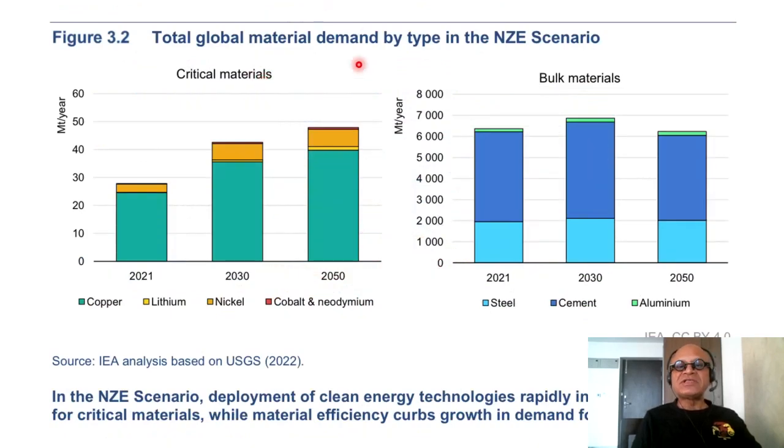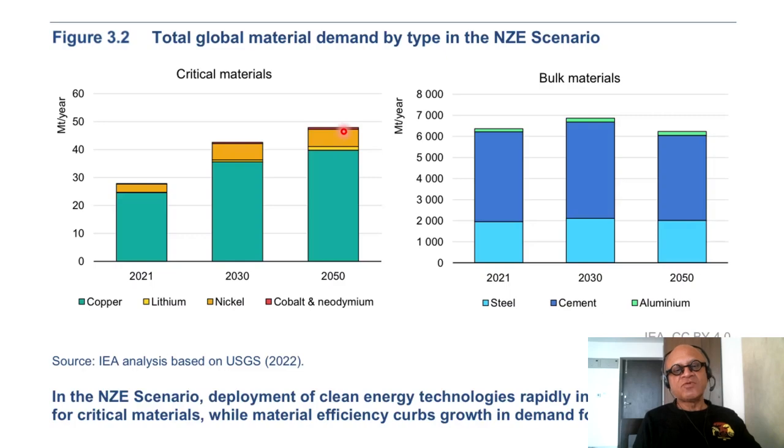Total global material demand by type in the net zero emission scenarios. Critical materials here in terms of copper, lithium, nickel, cobalt, and neodymium: 2021, 2030, and 2050. Obviously, copper is a huge part of it, but lithium and nickel.